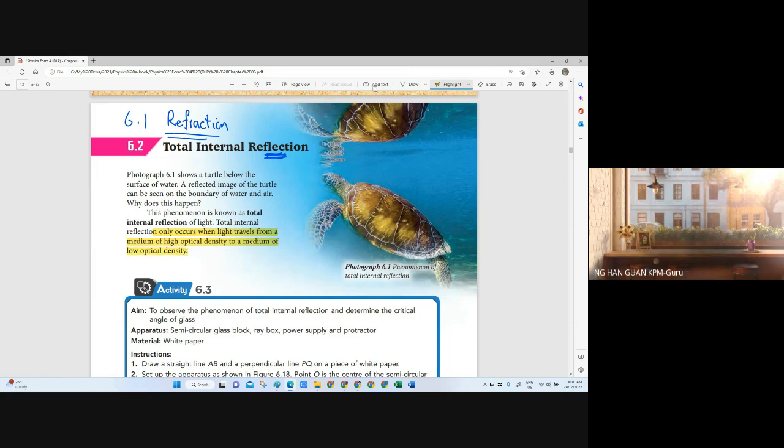It means that it must travel from optically denser to optically less dense. This is a must. Only then can total internal reflection occur. If you travel the other way around, total internal reflection cannot occur, right?